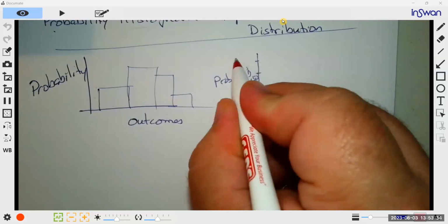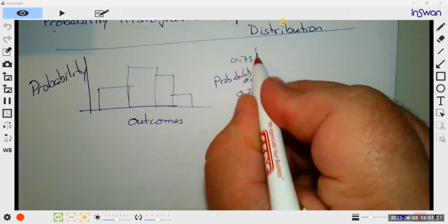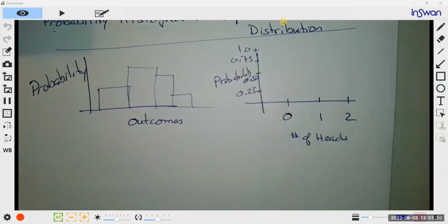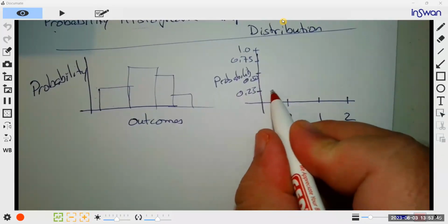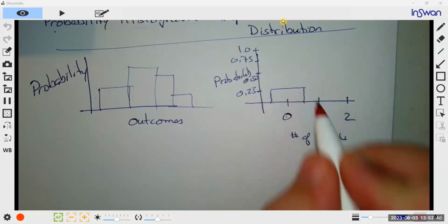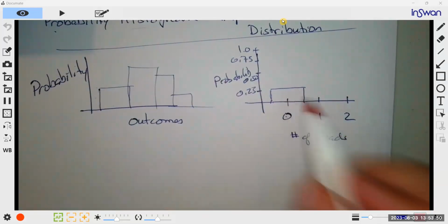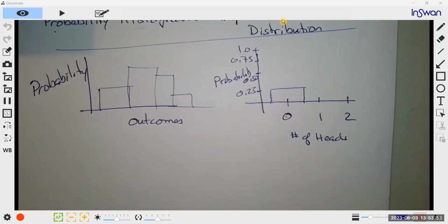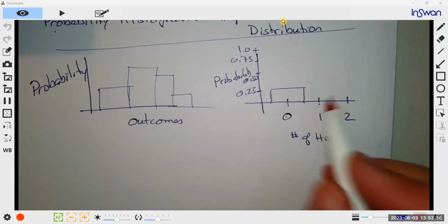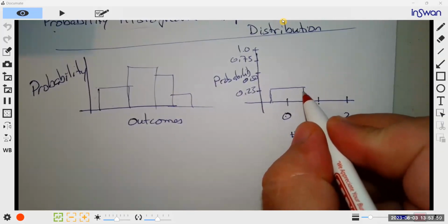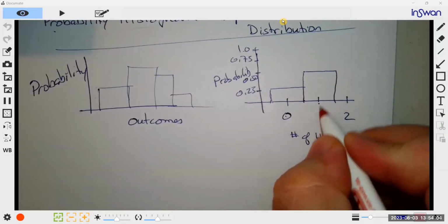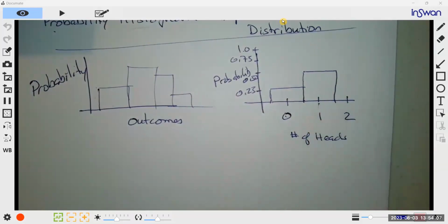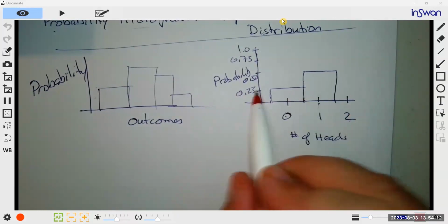It's 0.25 or 25%. This is 0.5, 0.75, and 1.0. The first one, at 0, we had 25%. So our value goes in the middle of that rectangle. For 1, we had 2 of those, so that was 50. So they share a side. And again, the x-axis 1 goes in the middle of that box. And the number of 2 outcomes that we had is only one of those.